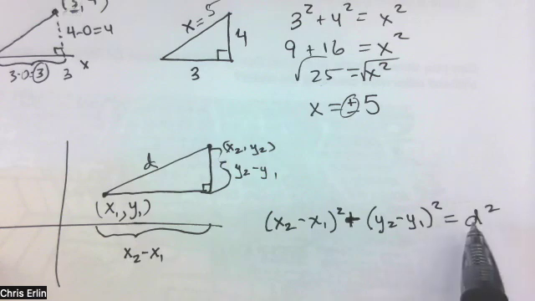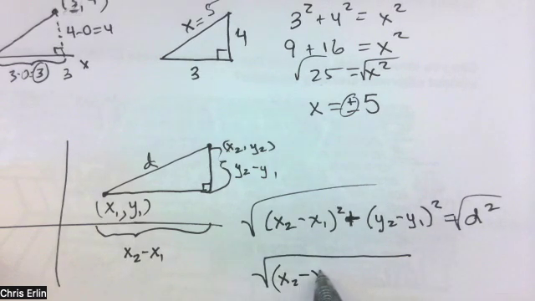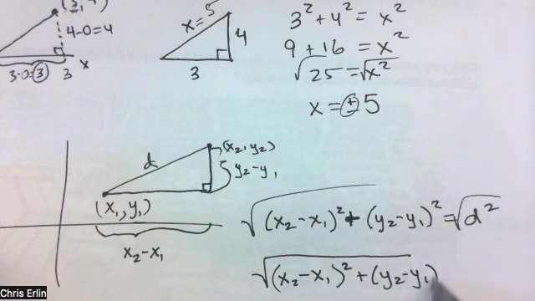And I don't want d squared, I want just d. So I'm going to square root both sides. And I get that the square root of x2 minus x1 squared plus y2 minus y1 squared equals d.